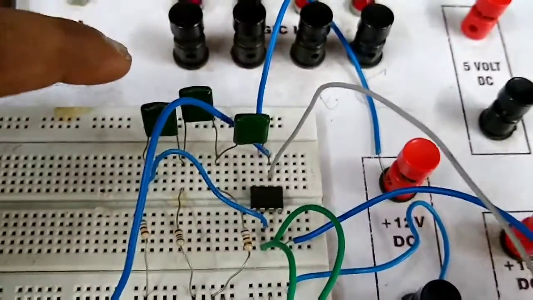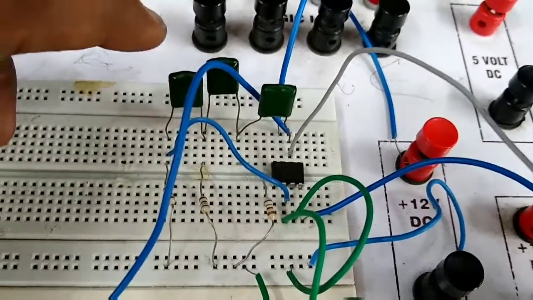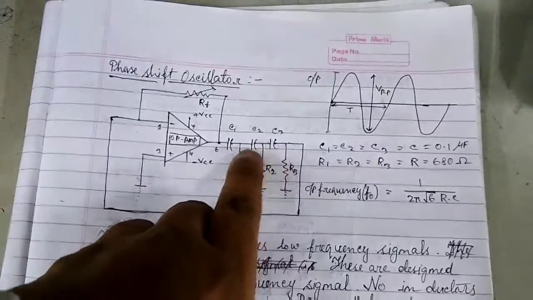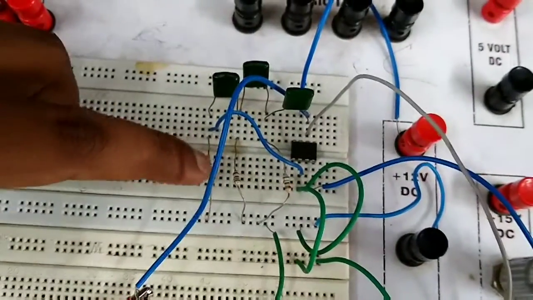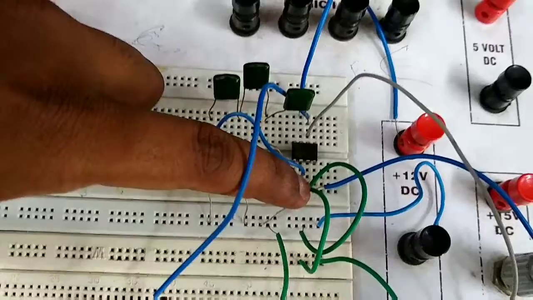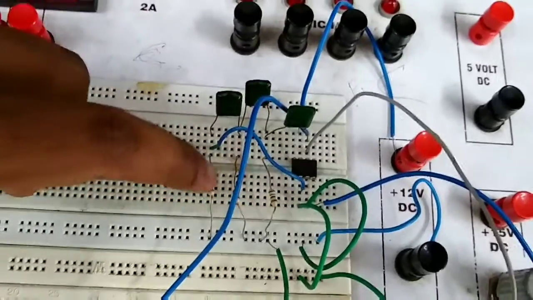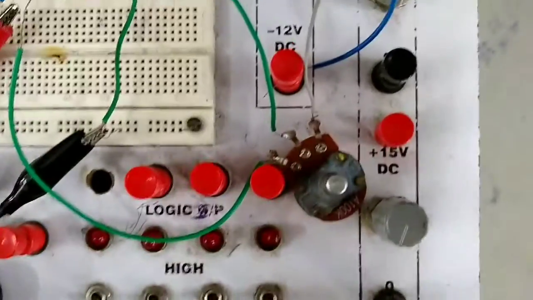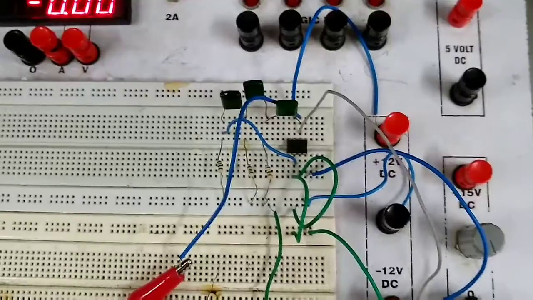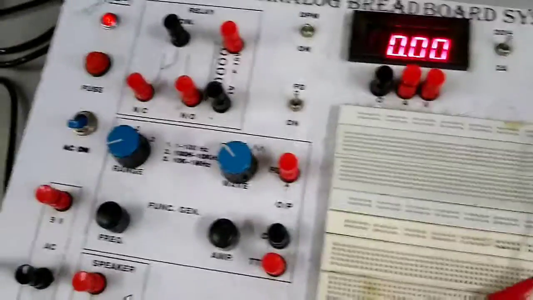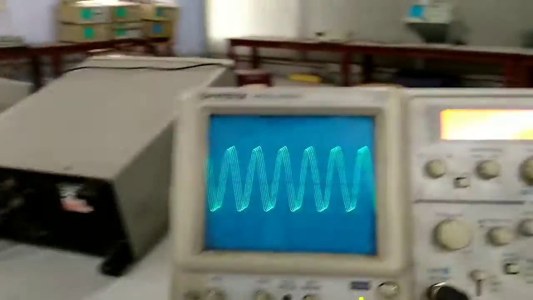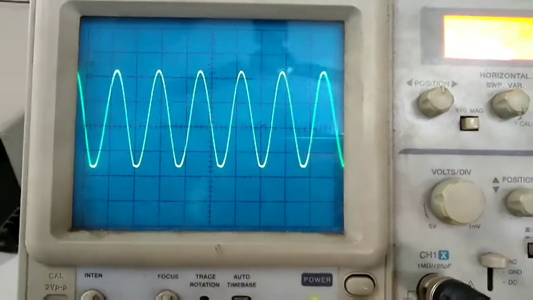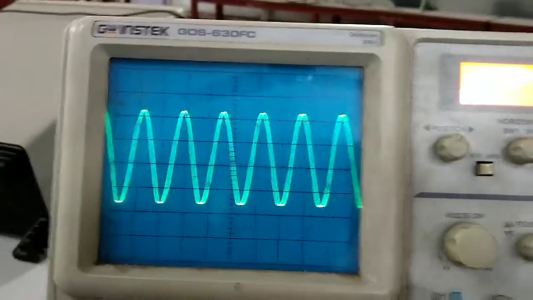Three capacitors C1, C2 and C3 are connected in series as in the figure, and these three resistors R1, R2 and R3 are connected in parallel to each other, and this is the potentiometer to have the necessary gain, which is connected between 2 and 6, and here is the output signal, a sinusoidal wave.